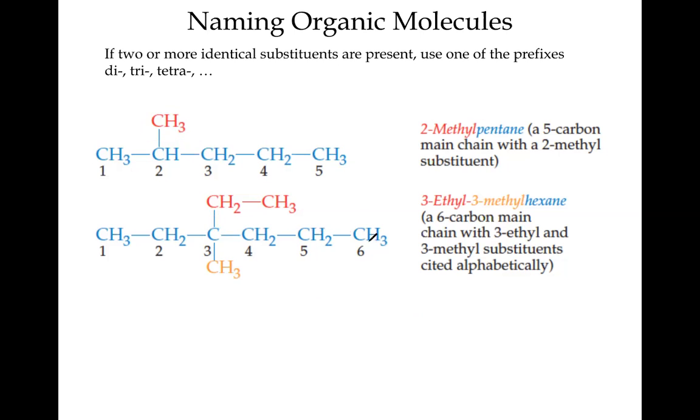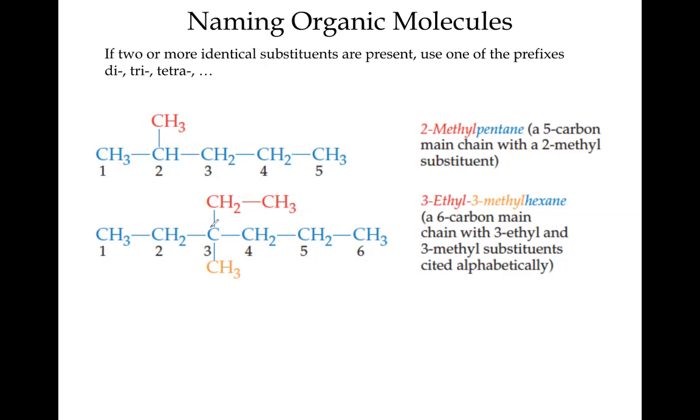What you can't do is number it this direction: 1, 2, 3, 4, etc. Because now the carbon with the branch is the fourth carbon. We want to keep those numbers down to a minimum, as low as possible. So we number it this way.